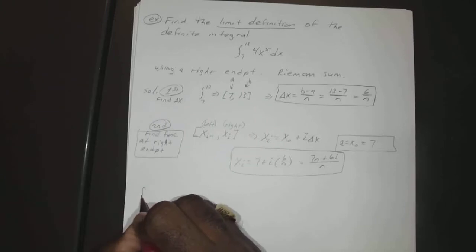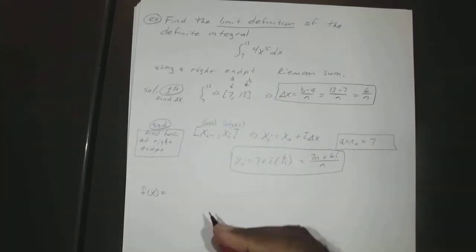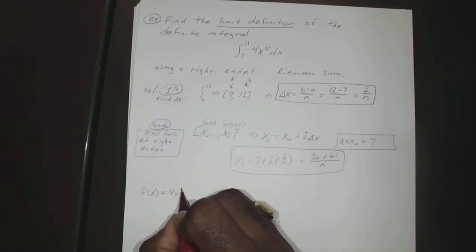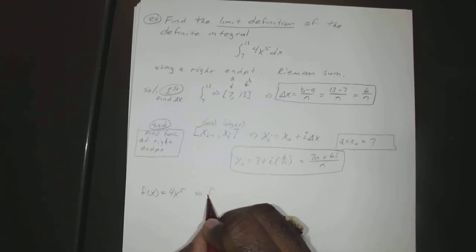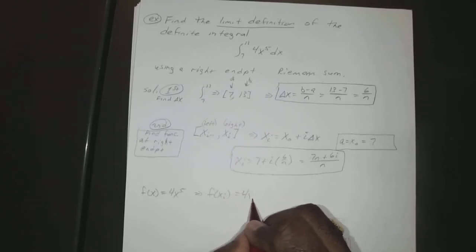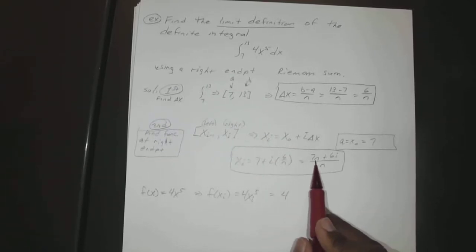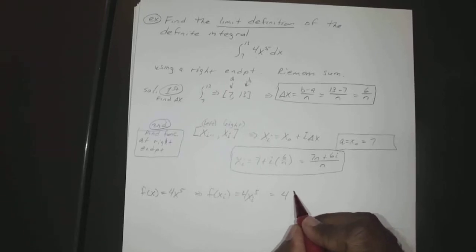Our f of x is 4x to the 5th, which means f of x sub i is equal to 4 times x sub i to the 5th, which is 4 times 7n plus 6i over n.